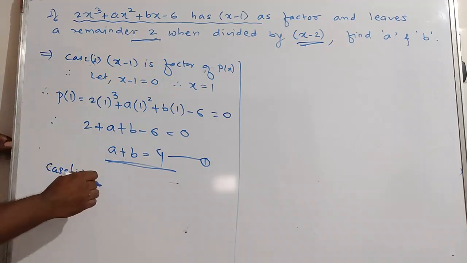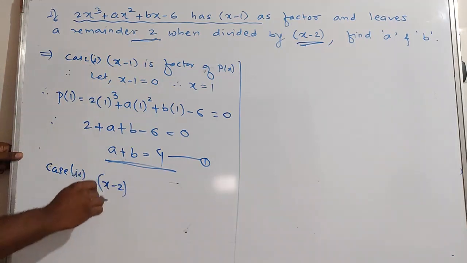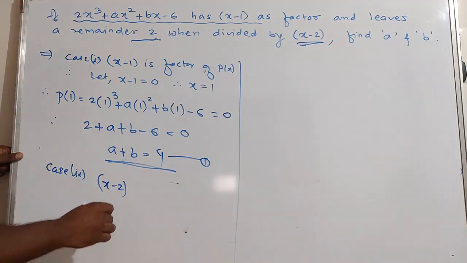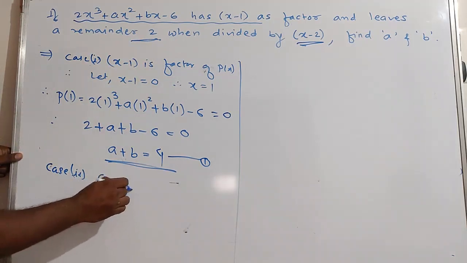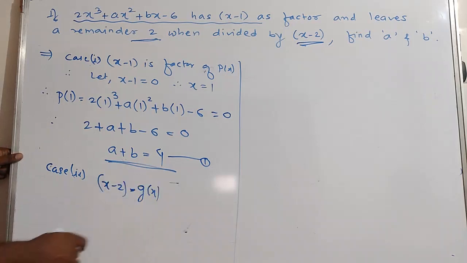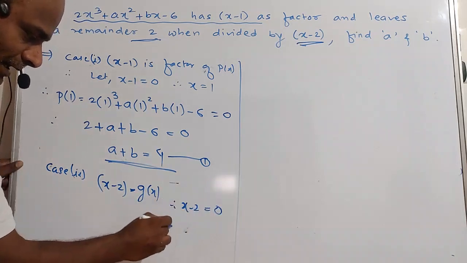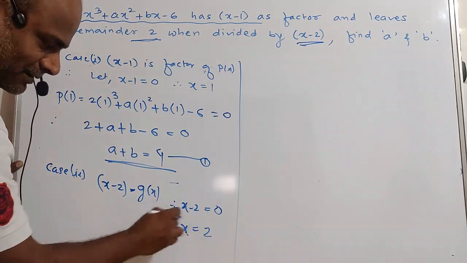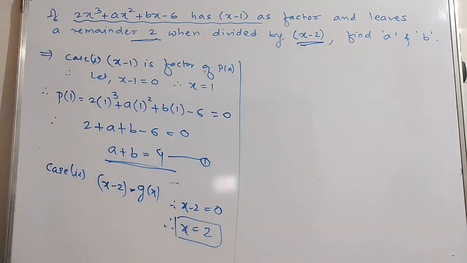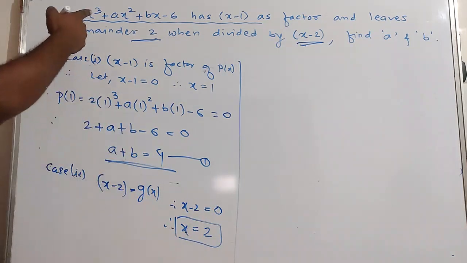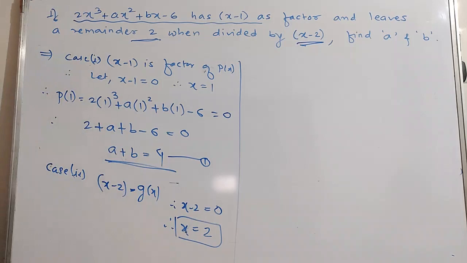So we will consider again x − 2 as a g(x), and this g(x) we will consider equal to 0. Therefore x − 2 = 0, and therefore we will get x is equal to 2. And this value of x, 2, we will substitute in given p(x).